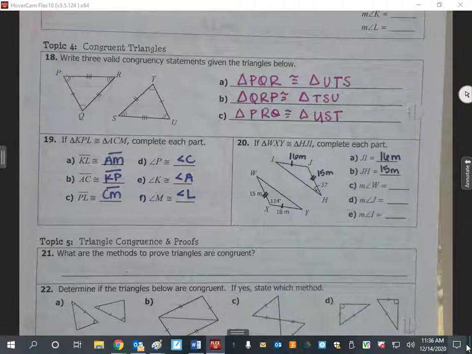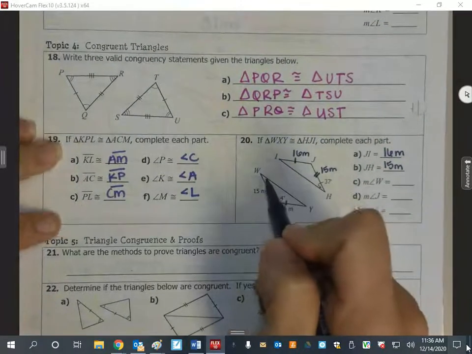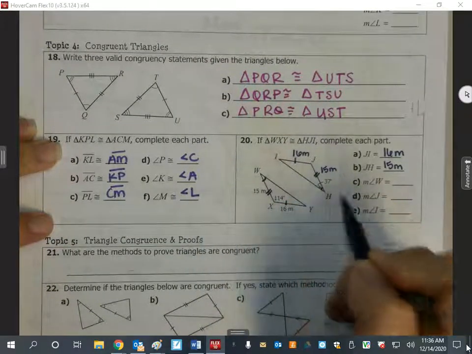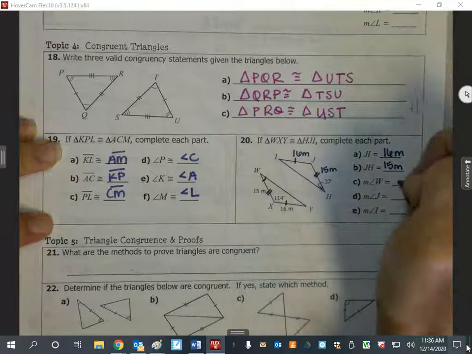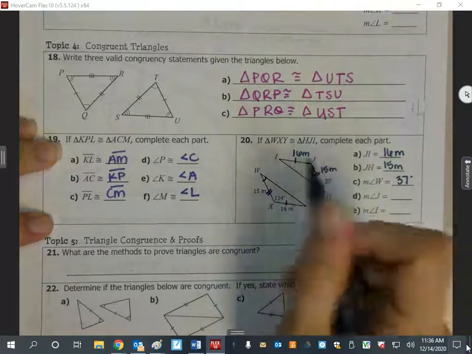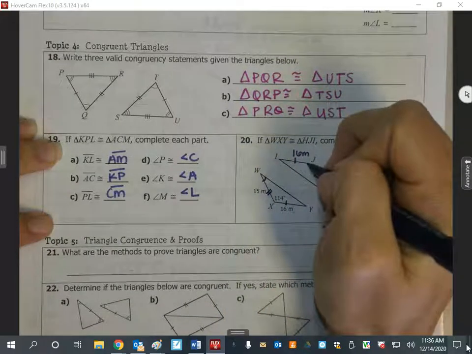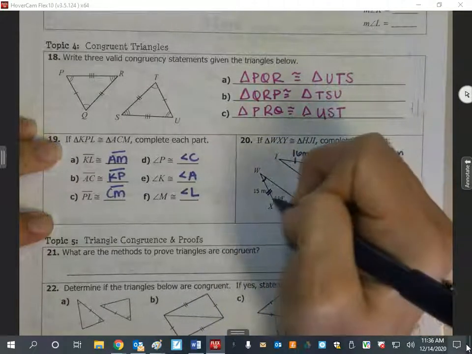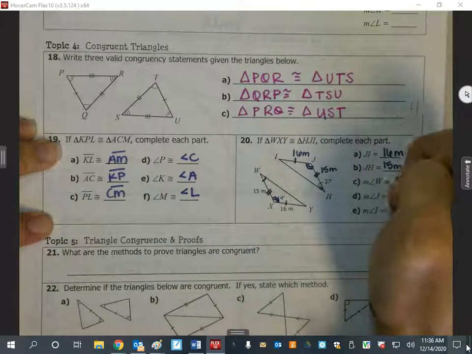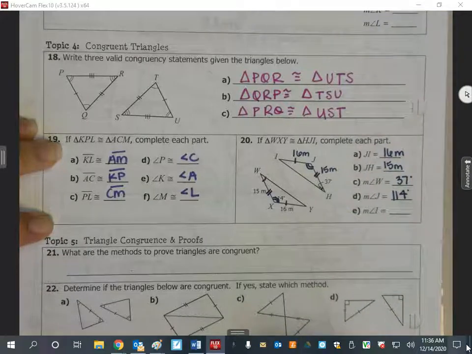Okay, the measure of angle W. Angle W corresponds to angle H. So since H is 37 degrees, angle W has to be 37 degrees as well. Angle J corresponds to angle X. And notice that angle X is 114 degrees, so angle J has to be 114 degrees also.